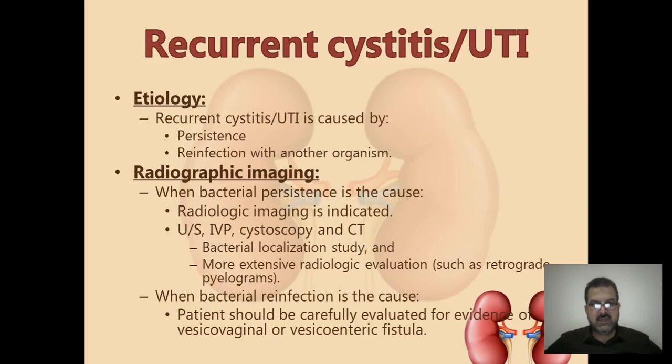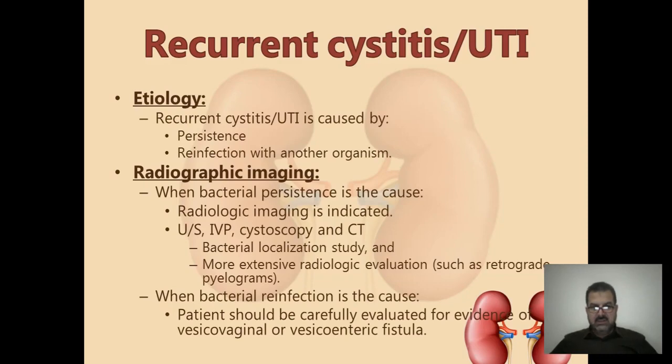Reinfection usually comes from outside. If we suspect a nidus or persistent infection, we need radiologic imaging, either ultrasound, IVP, or CT scan, and sometimes cystoscopy, to localize the place that is spreading this infection or microorganism.